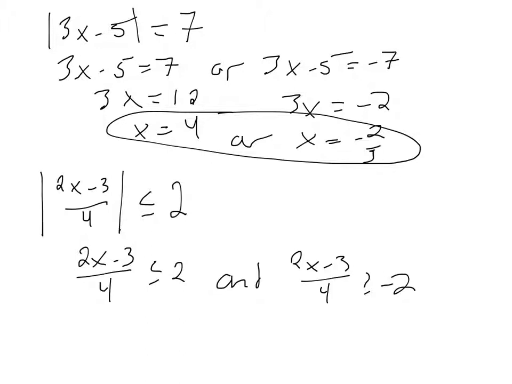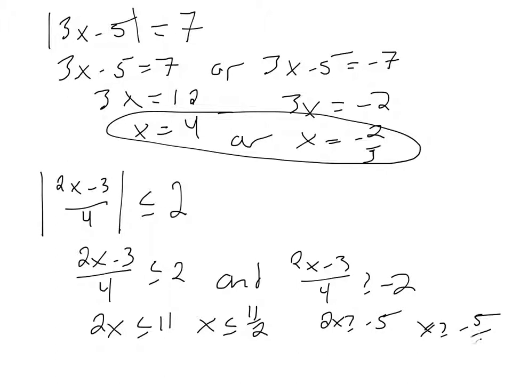So we'll get, I'm going to do two steps at once here. I'm going to multiply everything by 4 and then add the 3. So we'll get 4 times 2 is 8, plus 3 is 11. So we'll end up getting x is less than or equal to 11/2. And over here, I'm going to multiply by 4 to give me negative 8, and then add the 3 to give me negative 5. And so we'll get x is greater than or equal to negative 5/2.